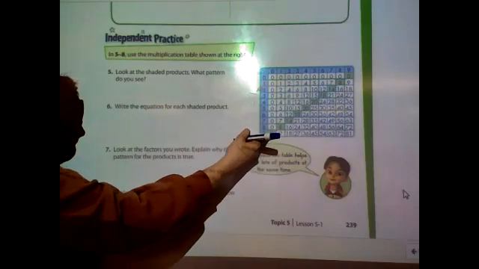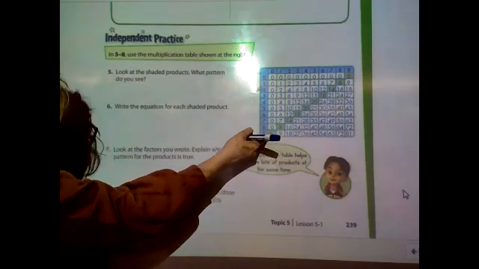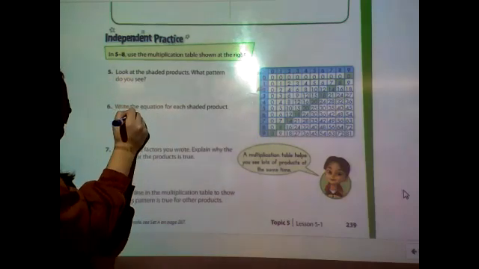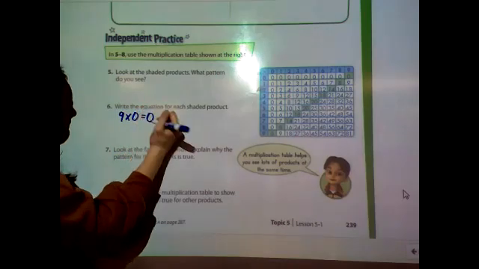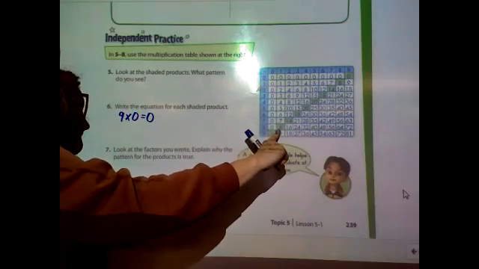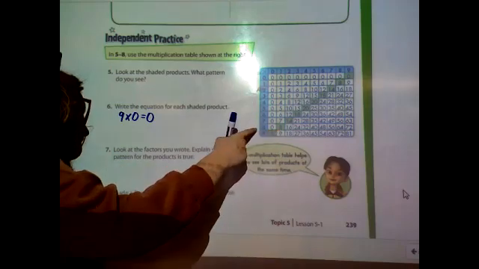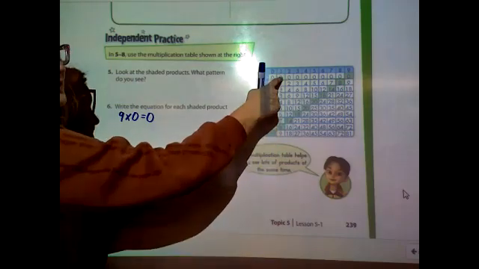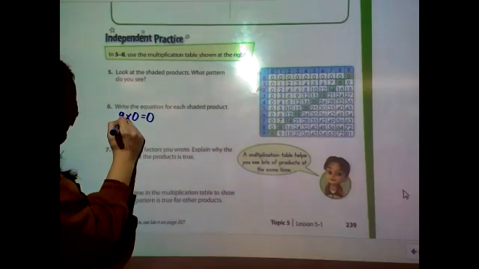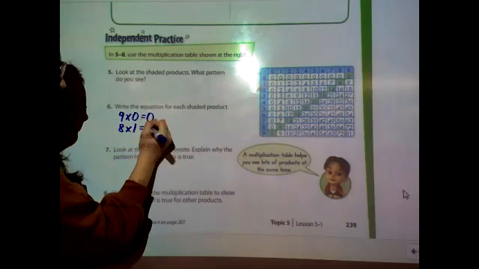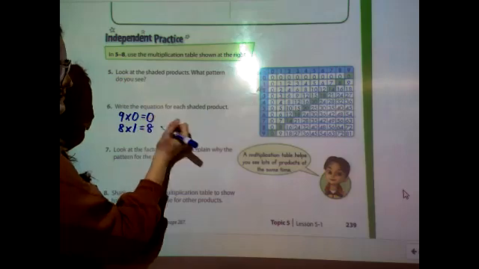The equation for this one is, well, 9 times 0 is 0. How about this 8? Which two numbers together equal 8? There's an 8 over here and a 1 up here. So 8 times 1 equals 8.